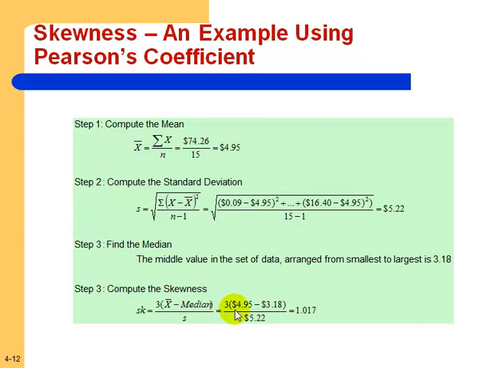So we get 3 times (4.95 minus 3.18), over 5.22, where 5.22 is the standard deviation. Then we get 1.017. The result is positive, which means this is positively skewed, and not considerably, just moderate.